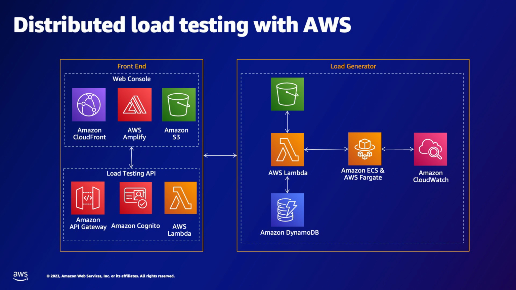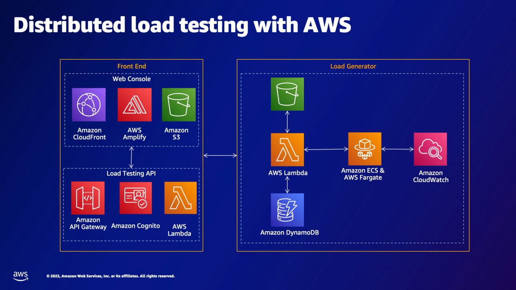When tests are run, JMeter tasks will be spun up in ECS Fargate to generate the load from your virtual users. When tests are complete, all these tasks are cleaned away, so you only pay for the duration of your use.